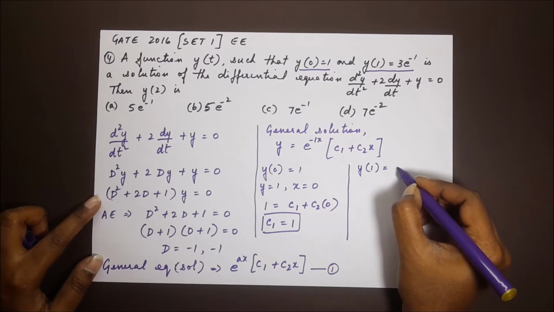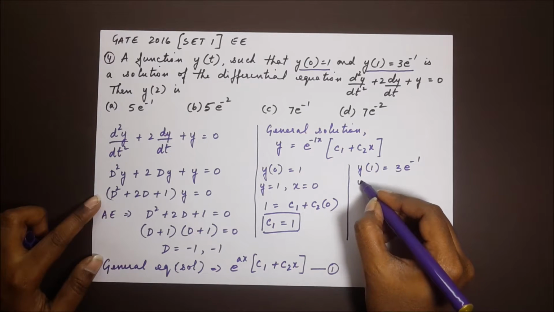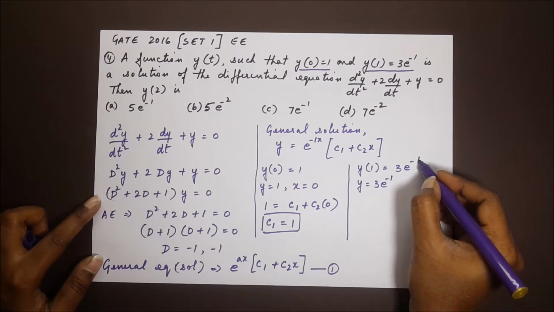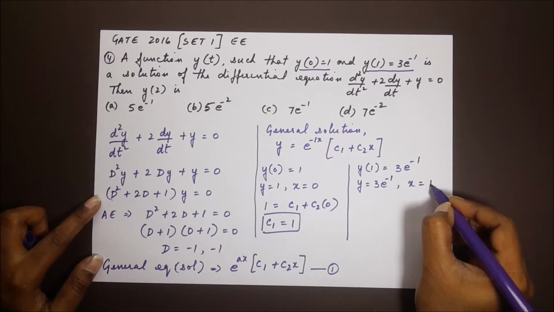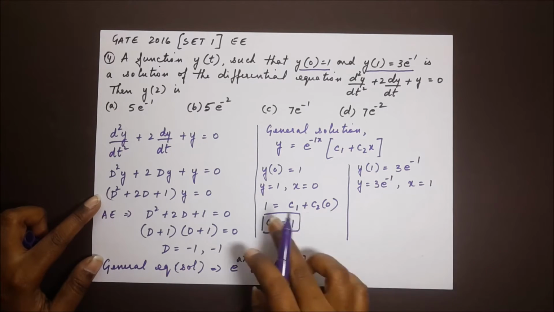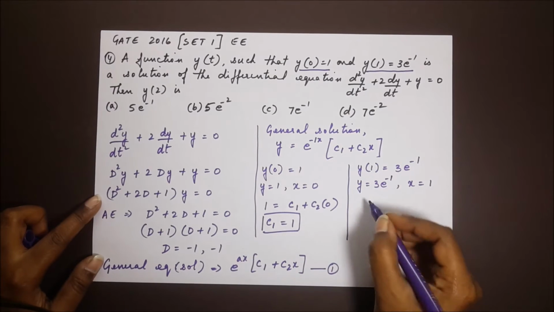Then next let's take the second condition given to us: y of 1 is equal to 3 e power minus 1. This says that y is equal to 3 e power minus 1 and x equals 1. We substitute these values into the general solution.